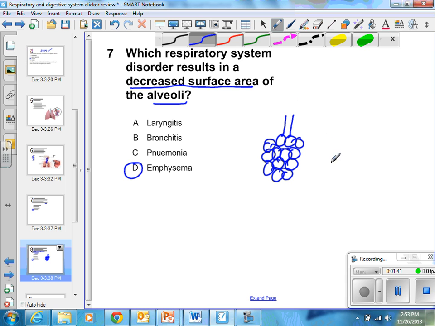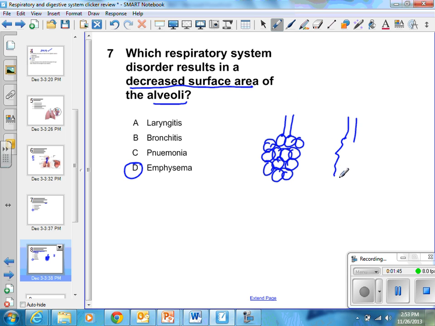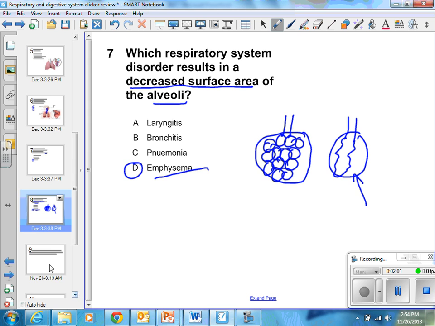Okay, so if you imagine squishing a raspberry, you're going to end up with a deflated thing that looks like this. The amount of surface area here versus here is way smaller. So you're going to be absorbing a lot less oxygen. That's why people with emphysema need to use oxygen tanks.